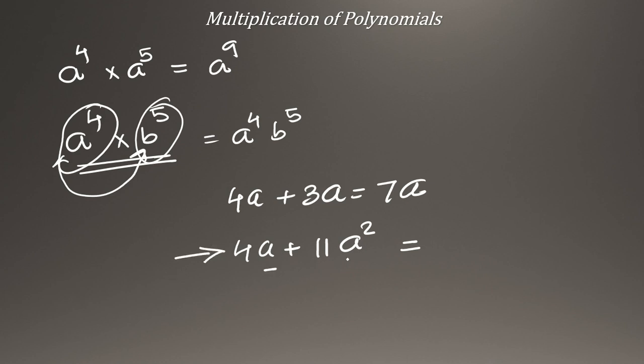They have the same variable, no problem, but addition and subtraction can be done only when you have the same power of the variable. In this term, the power of a is 1, and in this term, the power of a is 2, so you cannot add or subtract such expressions. These are the small things. If you remember and understand them, then this lesson will be very easy for you.